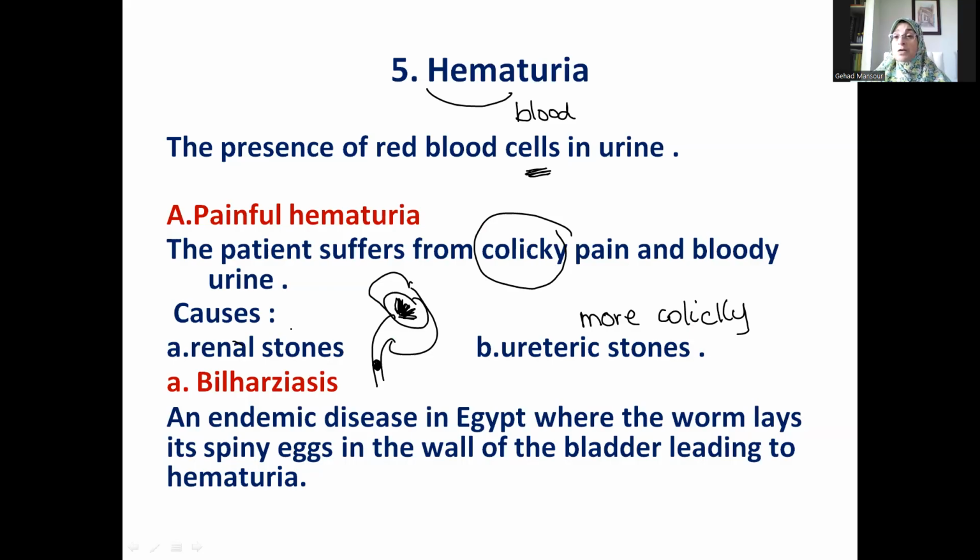But before leaving painful hematuria, we have another cause for painful hematuria, which is bilharziasis.